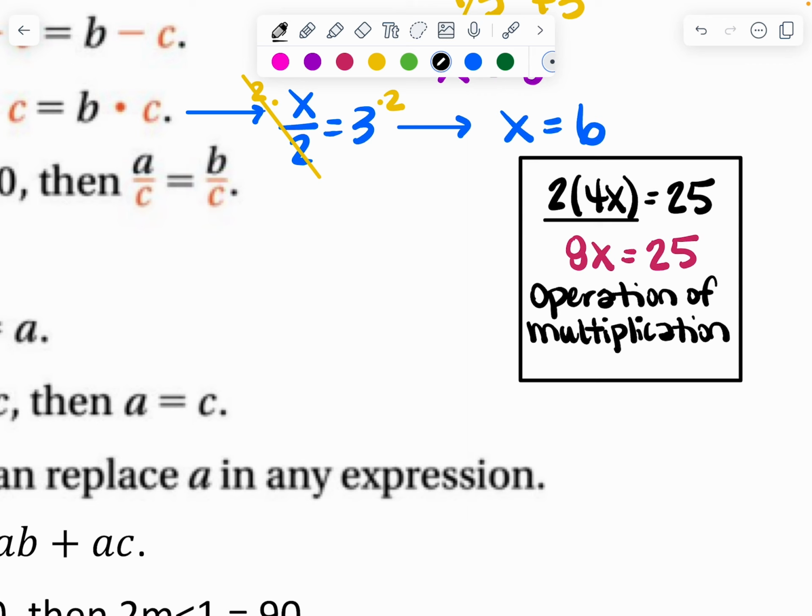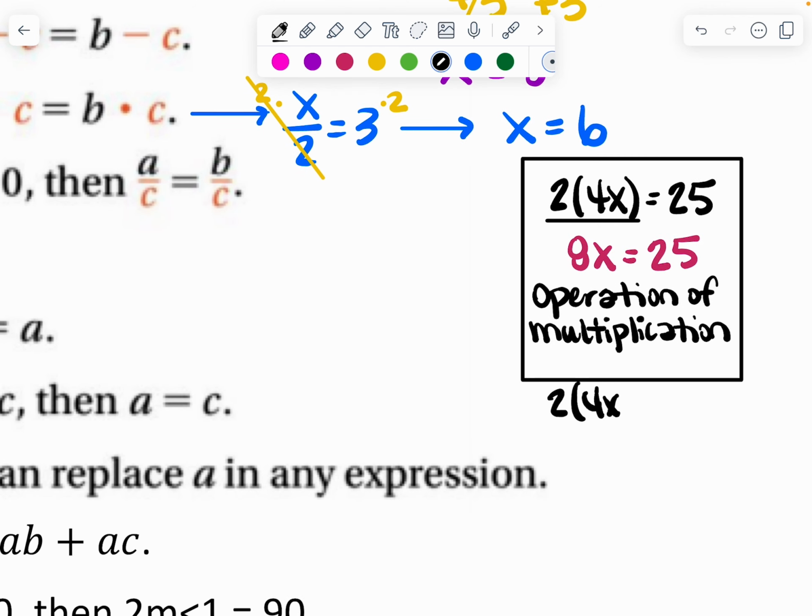Sometimes people are like, well, I distributed. Well, you want to be careful because you technically didn't distribute, because distribute means to send to more than one term. So we would have to have something like 4x minus 3 equals 25. That would be the distributive property because I'm actually multiplying multiple things by 2. So we'll talk about the distributive property in just a second, but I just don't want you to get confused there.